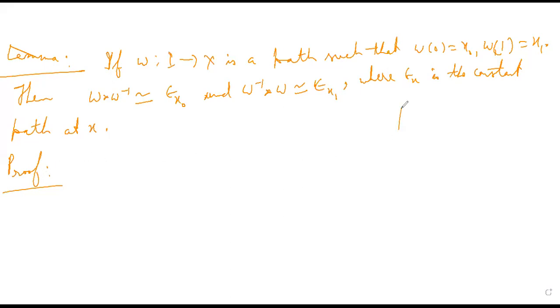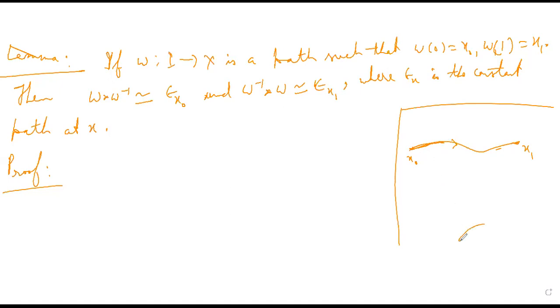So basically, let us see what this is. Suppose this is your omega. So this is your path. This is x naught. This is x1. So this is your path omega, and omega inverse will be this path, right? So when you take the product, what path do you have? You have this path, then you come back like this.